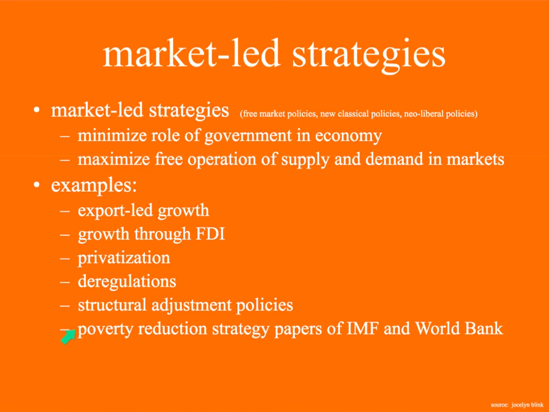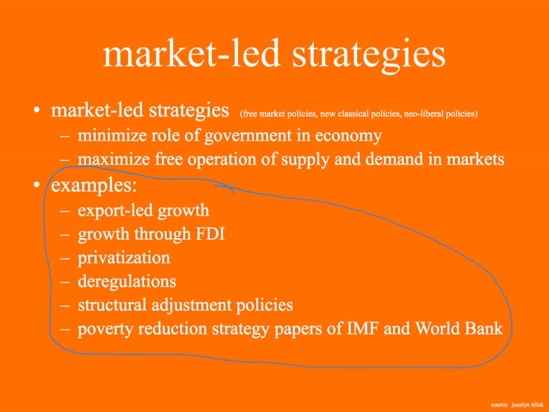And it would believe that poverty reduction should come from the poverty reduction strategy papers, which are a function of the International Monetary Fund and the World Bank. So this is the neoclassical side of things. They believe that these things in the long run will create growth, and with growth comes development. With more money comes development. Okay, so there's an overview of the market-led strategies.